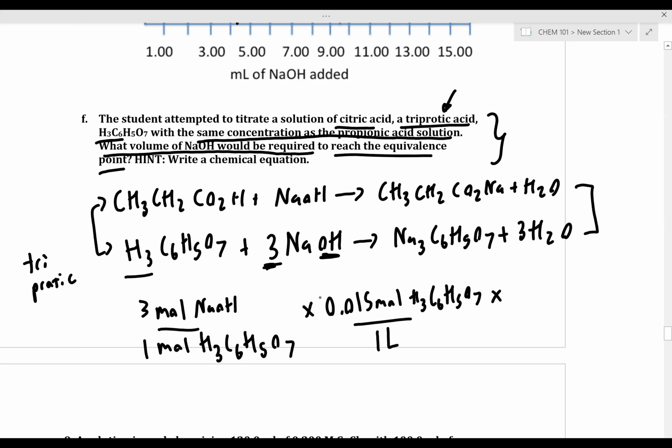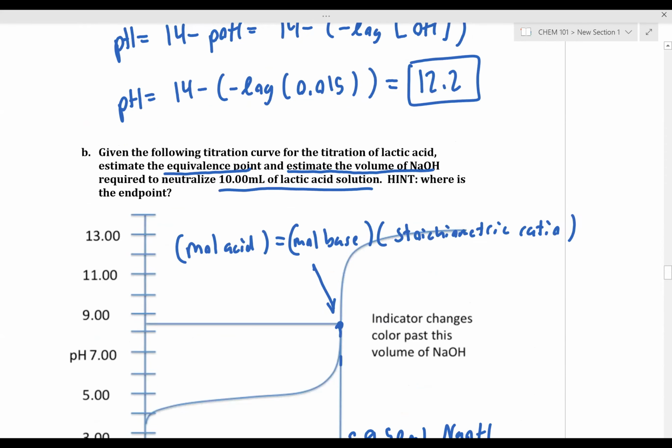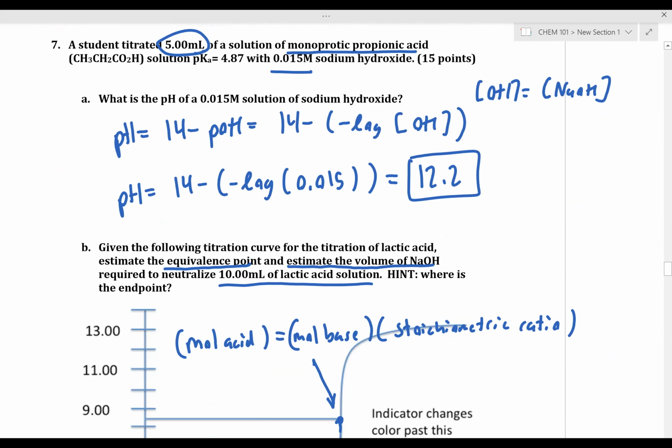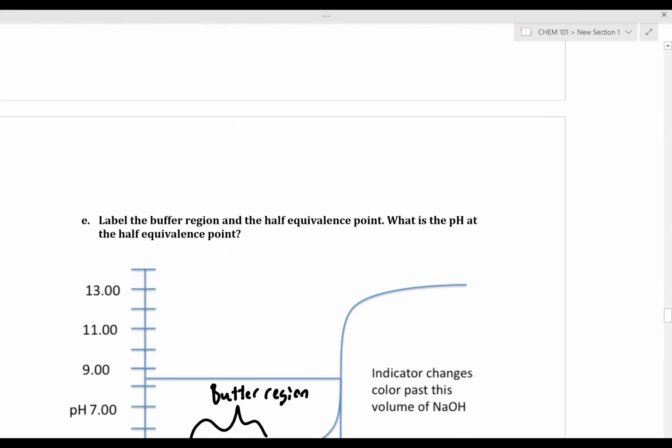Well, let me rephrase. What volume of this citric acid solution are we titrating? If it's the same volume as our propionic acid, what volume of propionic acid did we titrate all the way at the beginning of this question? 10 or 5? 5, okay. So we're gonna plug in our 5 mL.